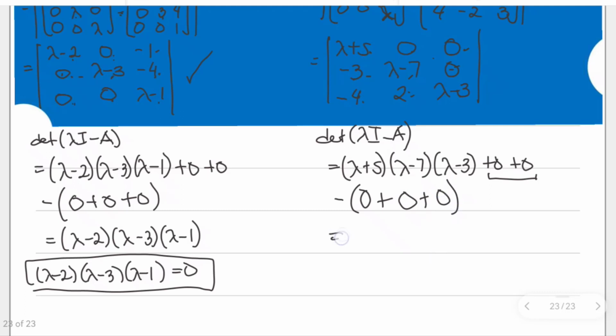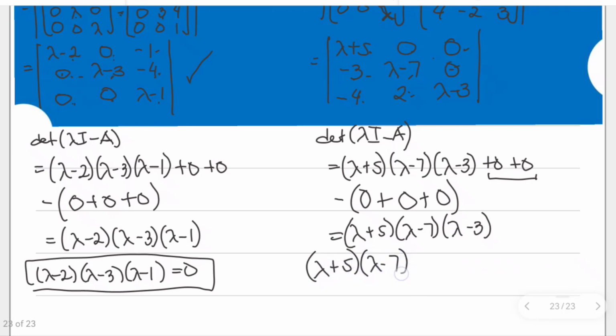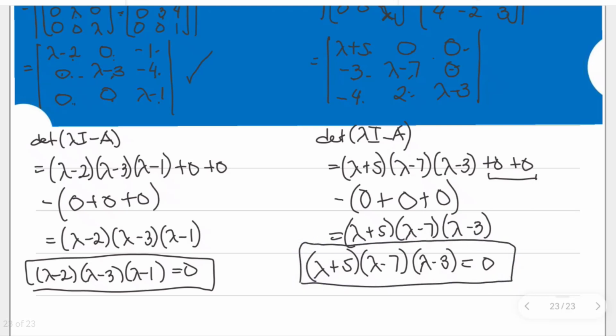Hence again the characteristic polynomial is lambda plus 5 times lambda minus 7 times lambda minus 3. And its equation, without multiplying this out, will give us an easier form for our process in solving for the eigenvalues, to be provided in the next videos. We'll be using these results in our next videos.